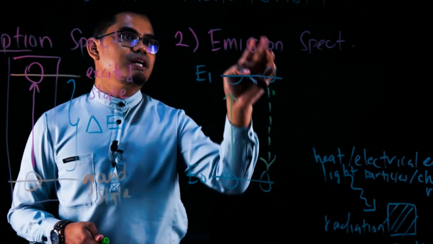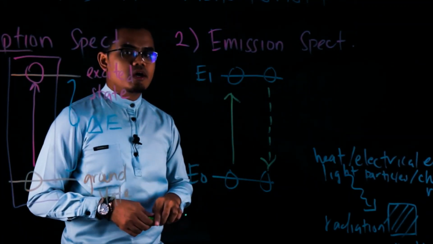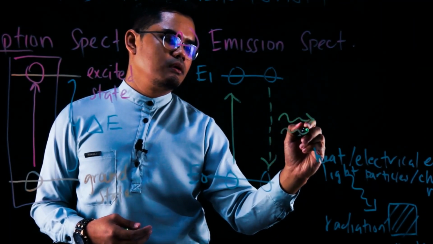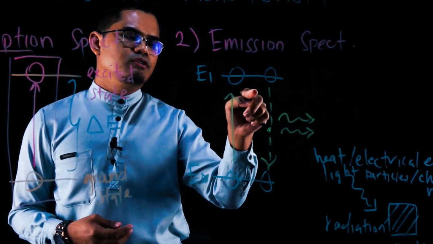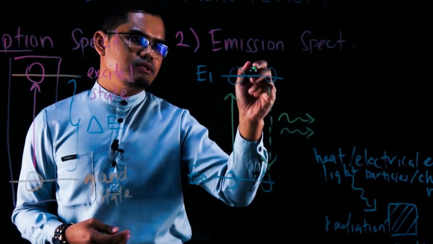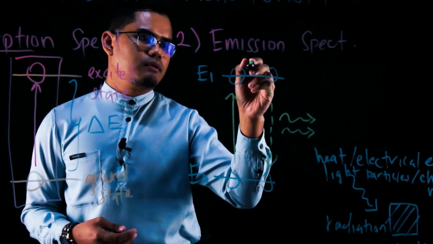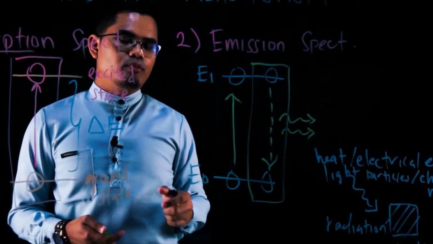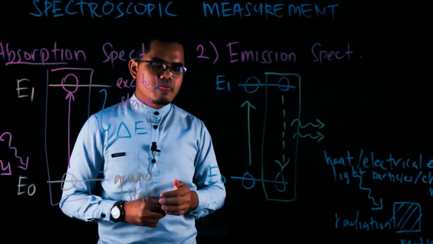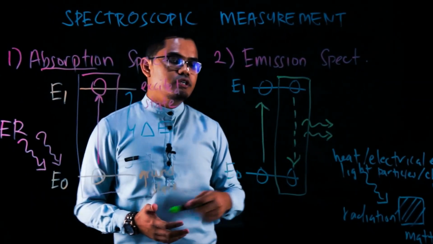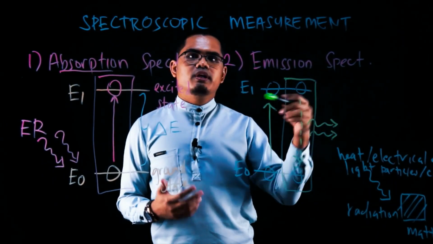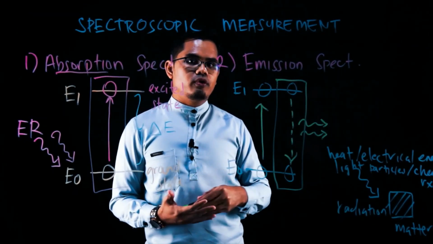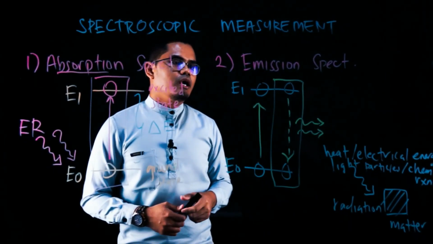For this type of measurement, radiant power is emitted as the analyte returns from the excited state to the ground state. This can give information about the identity and concentration of the sample, and this technique is widely used in atomic spectroscopy for the determination of metal concentrations.